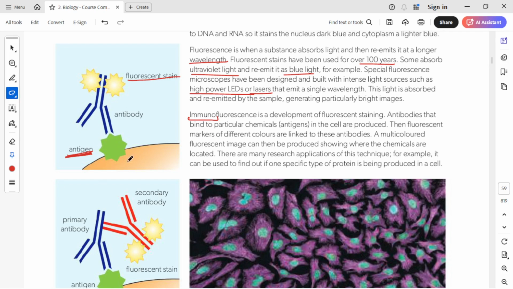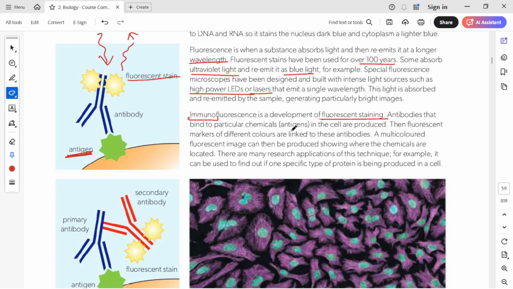If it binds to this antigen, even after washing it will not go away. Then if we put the specific light onto it, it will re-emit light with an even greater wavelength, and we can see whether the antigen is present or not. So we will get results from this. That is how immunofluorescence is developed using fluorescent staining.